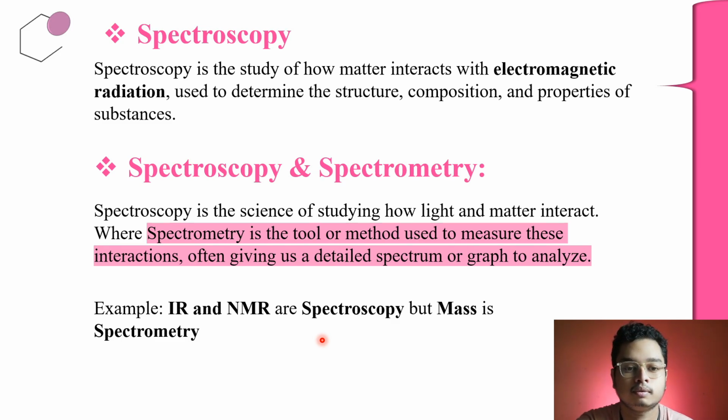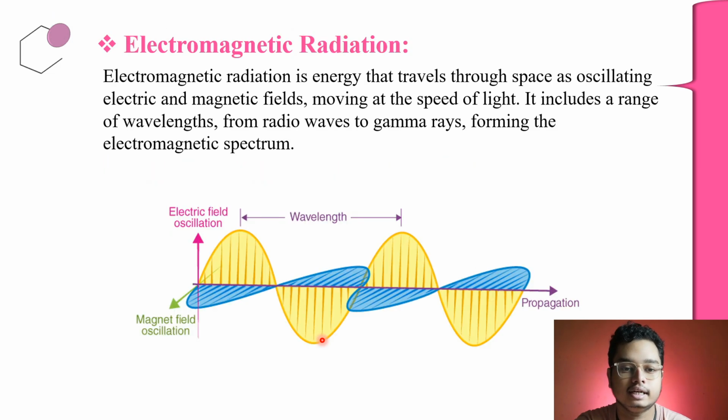So let us move on to the next slide, electromagnetic radiation. Electromagnetic radiation is a perpendicular distribution of an electric field and magnetic field. As you can see, electromagnetic radiation is energy that travels through space as oscillating electric and magnetic fields, moving at the speed of light.